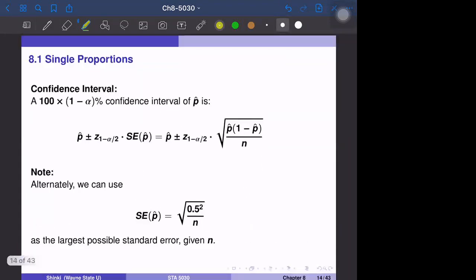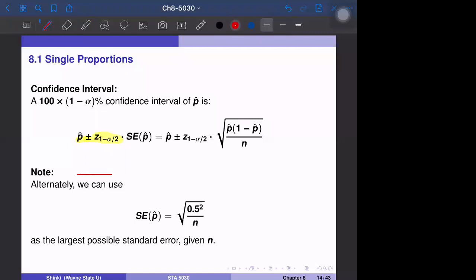Yes, so we have discussed a confidence interval for the test. Both the first code and the second code include the confidence interval, and how to calculate it. So that is here. The formula is p hat plus or minus z sub 1 minus alpha over 2.